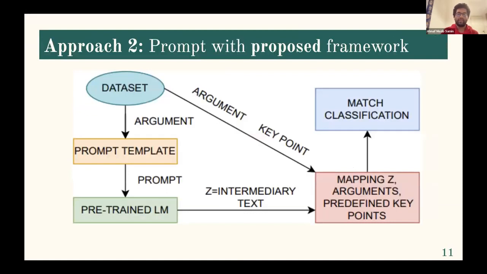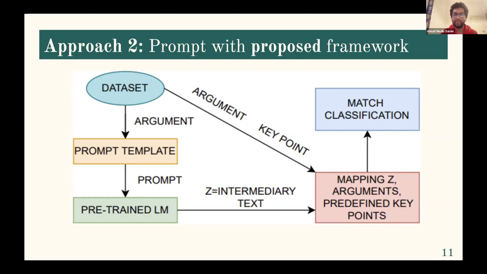And this is the framework of our second approach. From our data set, we get the argument, and this argument is passed to a prompt template. Once we get a prompt, we pass it to the pre-trained language model, and from the pre-trained large language model, we get the intermediary text.